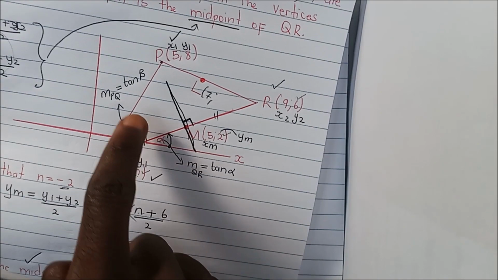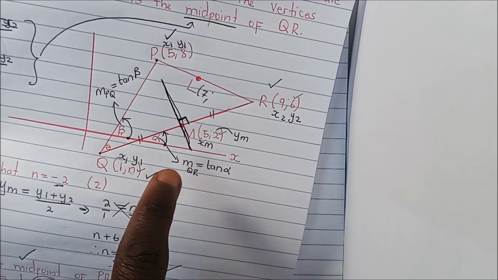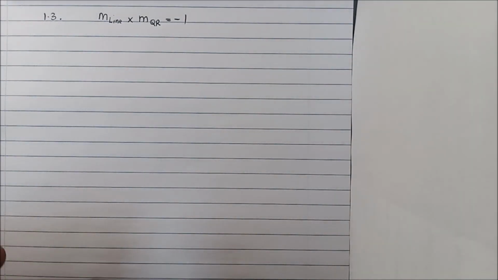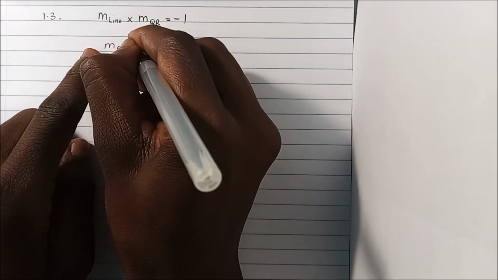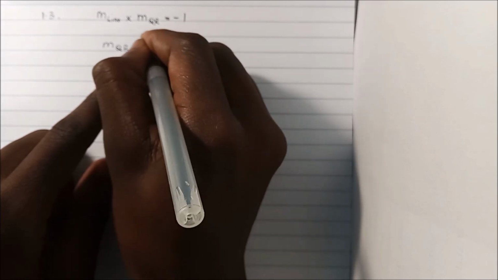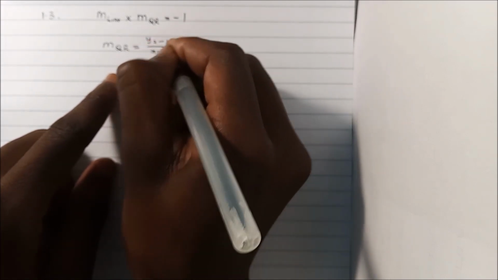We can find the gradient of that line because we know the gradient of that line multiplied by the gradient of QR must give us -1, since they are perpendicular. So we can find the gradient of QR first and take the negative reciprocal of that. That's going to be y2 minus y1 divided by x2 minus x1.